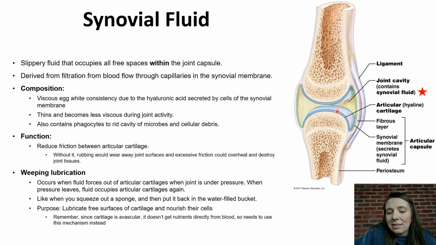It doesn't get its nutrients directly from the blood, and so instead it gets nutrients from the synovial fluid through this weeping lubrication method. So the squeezing out of the fluid and then reabsorbing the fluid is going to nourish the cells here.